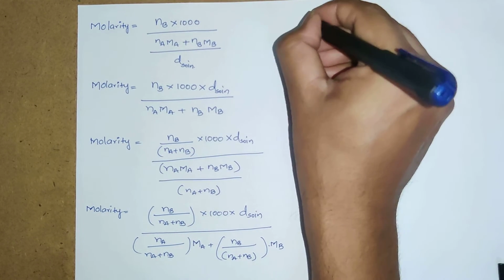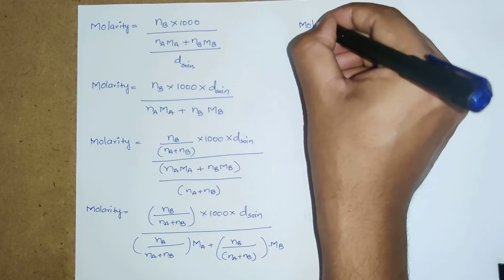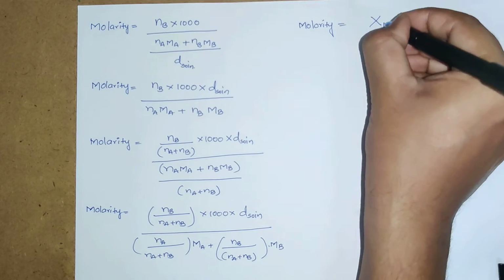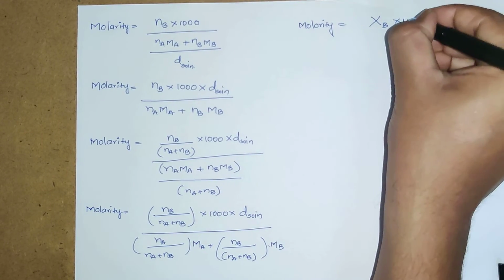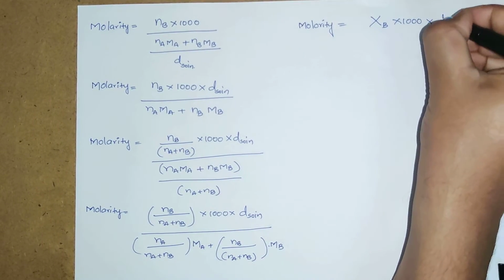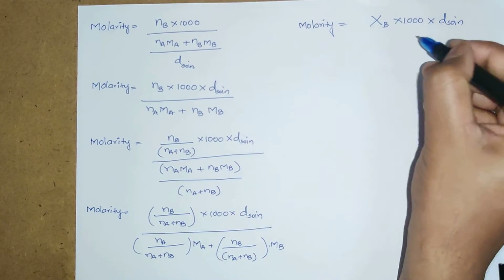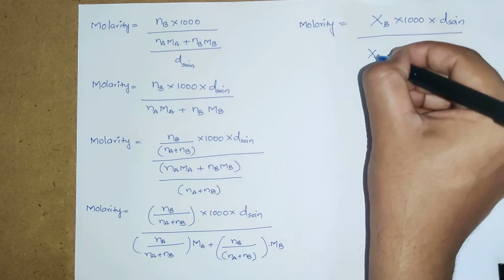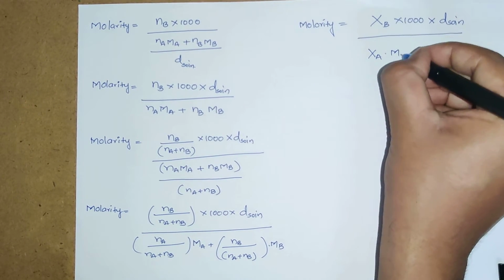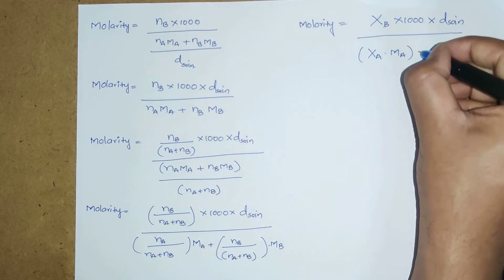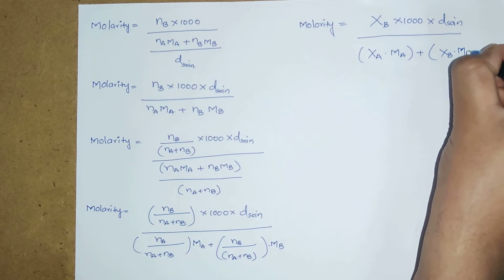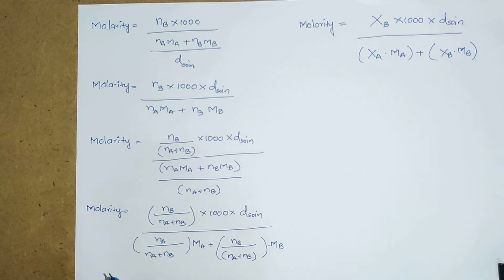That's why I write here molarity is equal to Xb into 1000 into density of solution divided by Xa into Ma plus Xb into Mb. So this equation is useful to calculate.